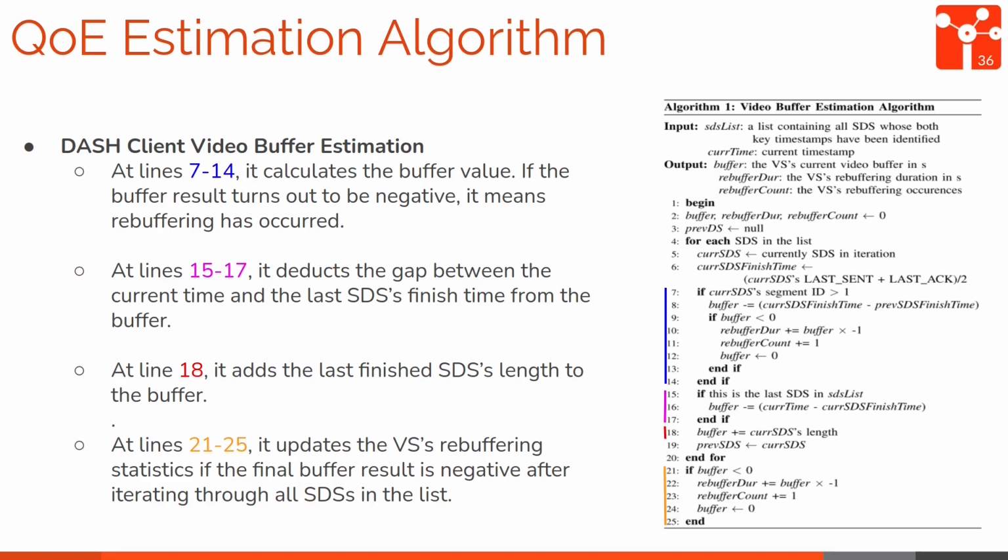Line 18 adds the last finished segment download session length to the buffer. And at lines 21 to 25, it updates the video session's rebuffering statistics if the buffer result is negative after iterating through all the segment download sessions in the list.